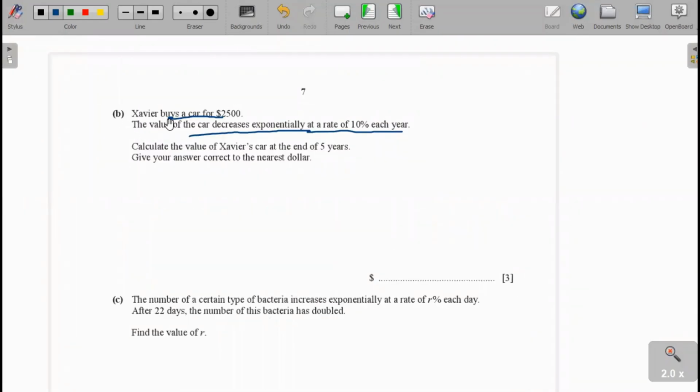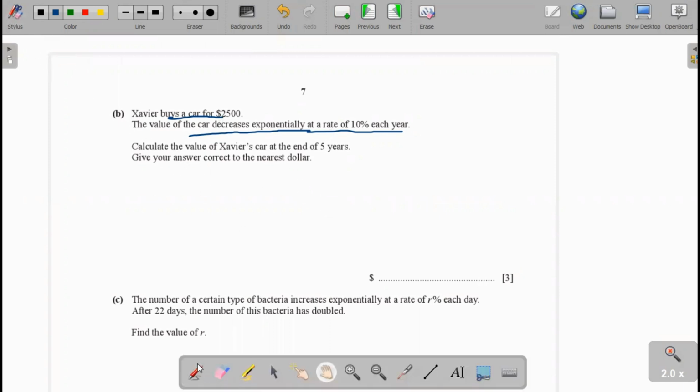In part B, Xavier buys a car of $2,500. The value of the car decreases exponentially at the rate of 10% each year. Calculate the value of Xavier's car at the end of 5 years. Now you see here the value of the car is $2,500, and the car value decreases exponentially by 10%.